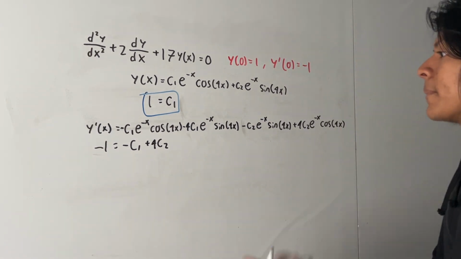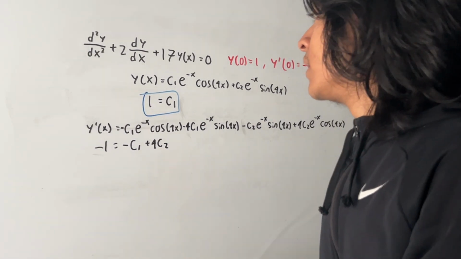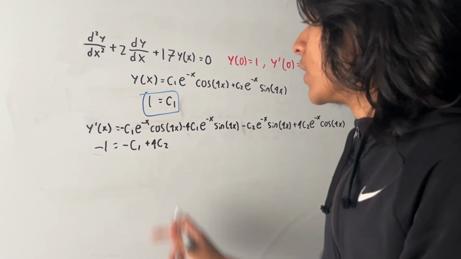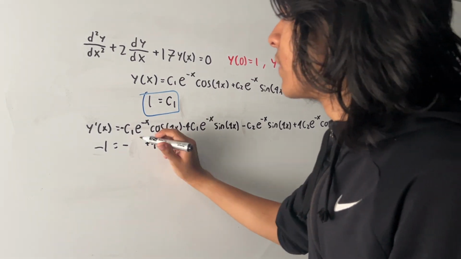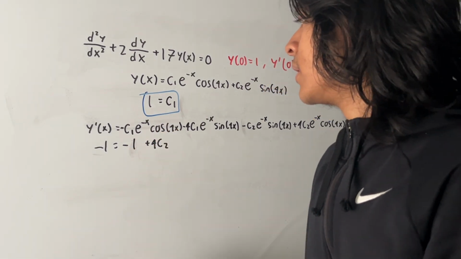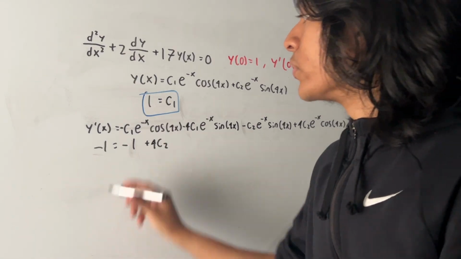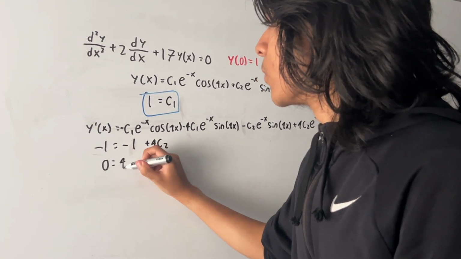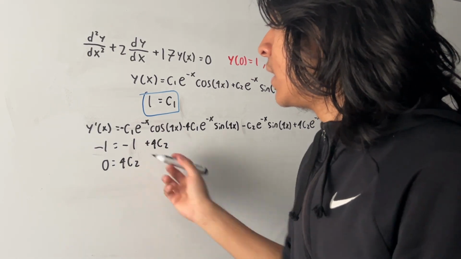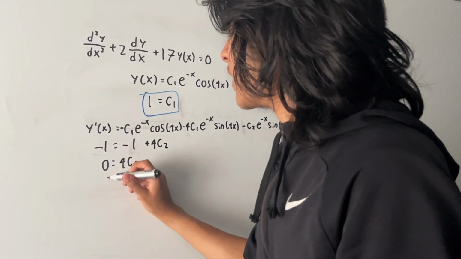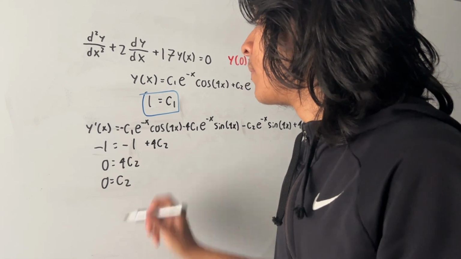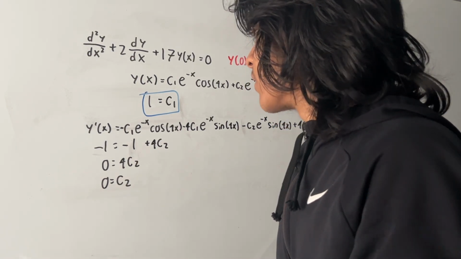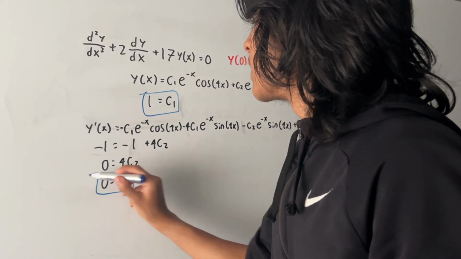Bam. So now we just have that. Our c1 is just 1, so we could just put that right there. And then if we add 1 on both sides, we get 0 is equal to 4c2. And then c2, we find that it's just 0. So there is our other constant.